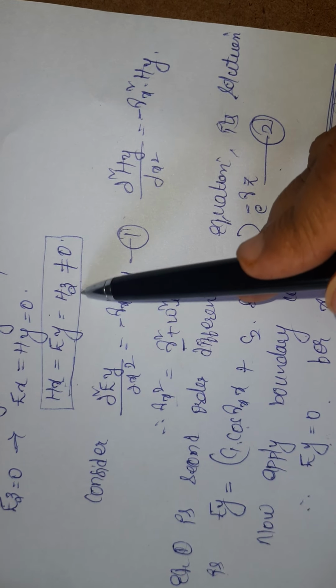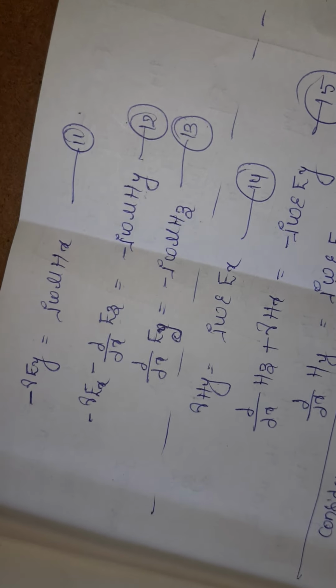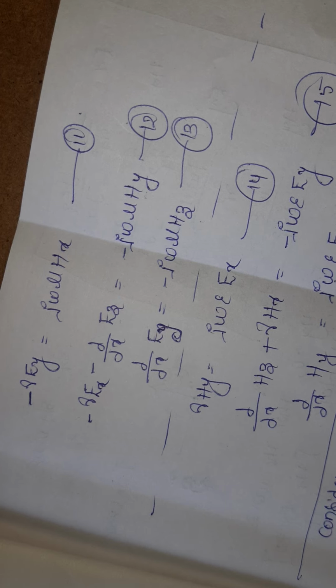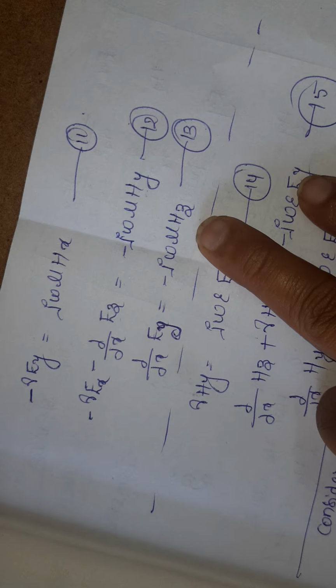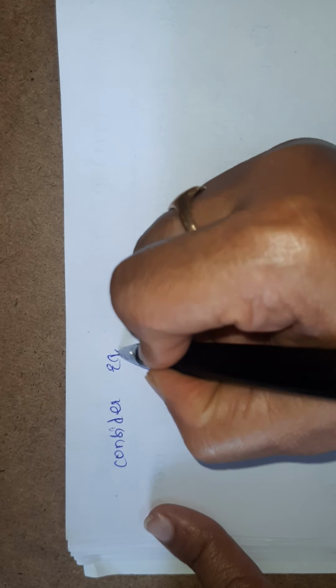Now we have to get the expression for Hz. So how to get the expression for Hz? We have to consider the expression from the last session, part 1 of field components derivation, that is dou by dou x of Ey is equal to minus j omega mu Hz, equation 13. Consider equation 13.